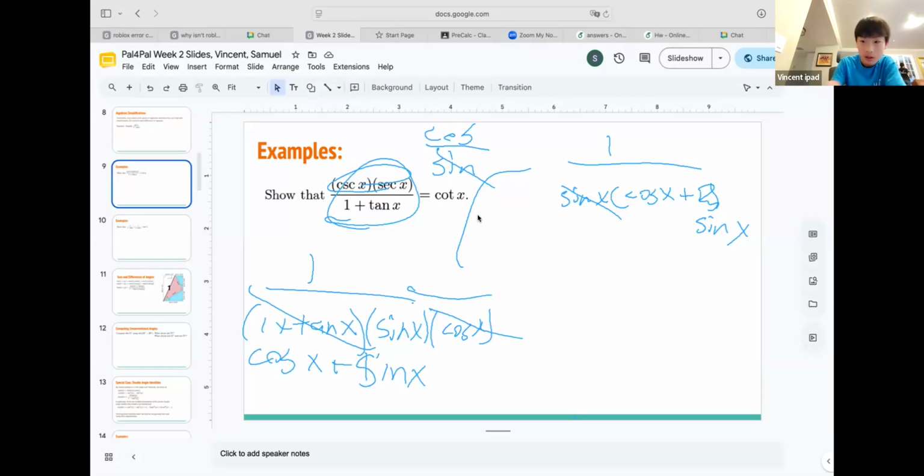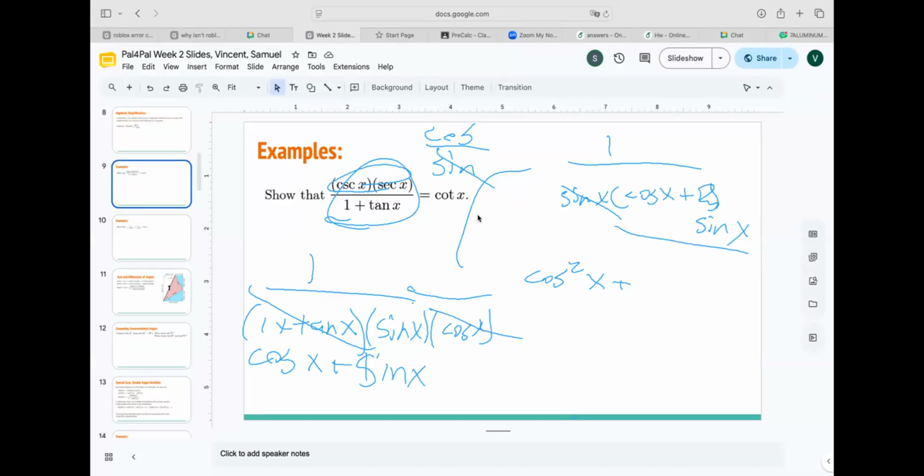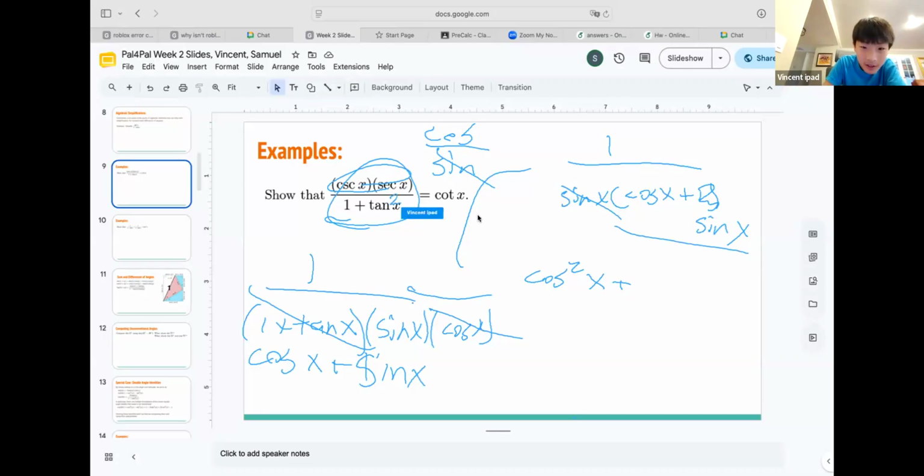Multiply this, so cos squared x plus... Okay, wait, I definitely did something wrong. Technical issues. Wait, I think it's 1 plus tangent squared of x, not 1 plus tan x. Oh my god, okay. Thank you. This makes it better. Let me restart.